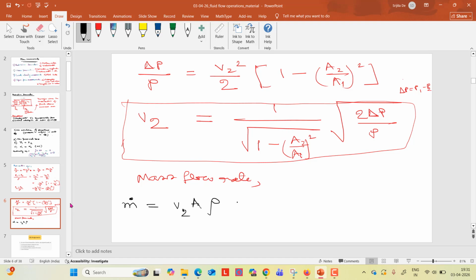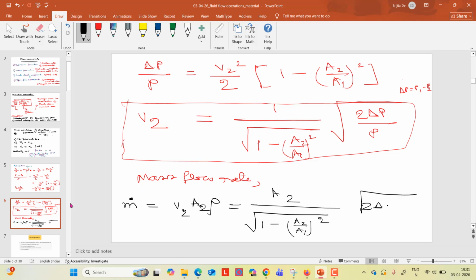Then it will be the mass flow rate. It comes as A2 by root under 1 minus A2 by A1 whole square into root under 2 delta P rho, because there is a rho here and a root rho here, so it will be root under rho only, right?